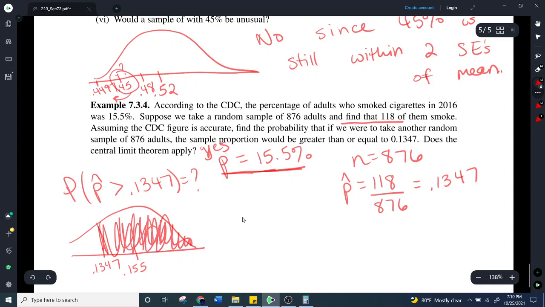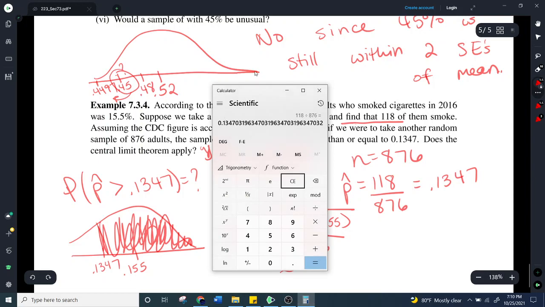Now, before we go too much further, I have to compute the standard error. I have to know what the standard error is for StatCrunch. So to compute the standard error, I'm going to do my population proportion times 1 minus my population proportion divided by the 876 number. And let's go ahead and put that into our calculator.